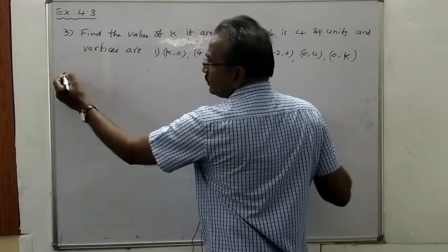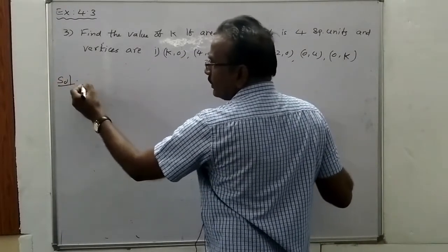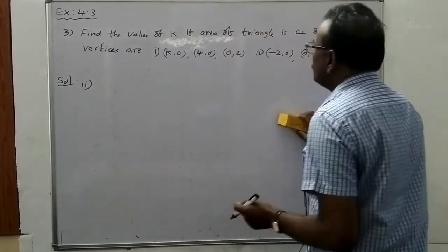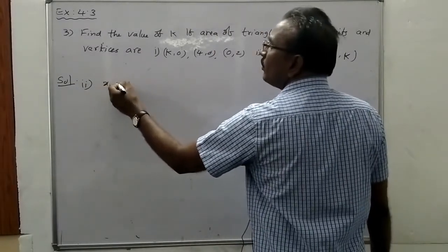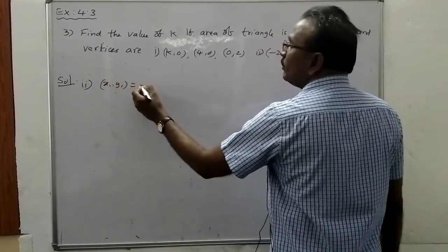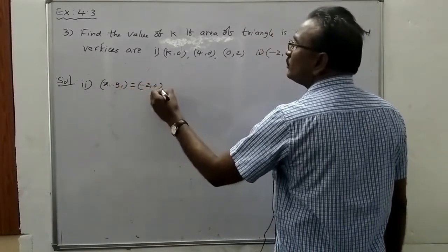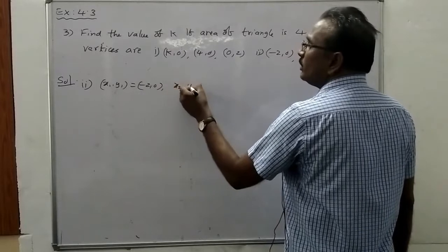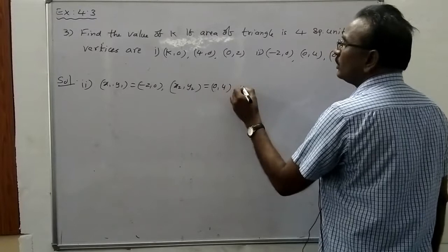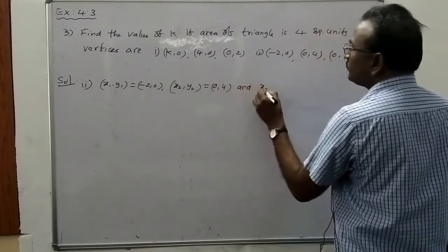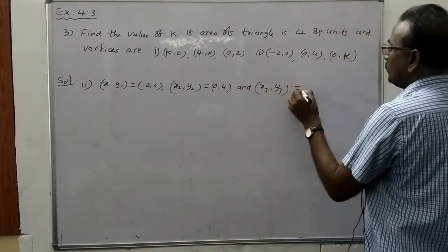Now the solution, second question. Here x1 comma y1 is minus 2 comma 0, x2 comma y2 is 0 comma 4, and x3 comma y3 is 0 comma k.